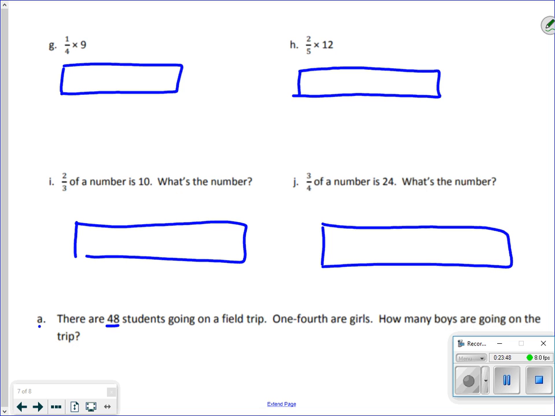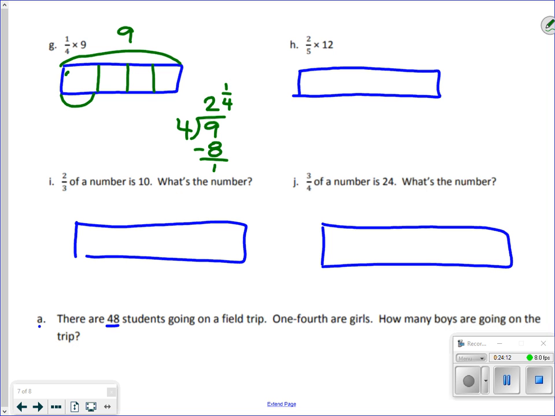So the first one, I'm splitting it into 4 sections. Whole number 9. And I want to know what is 1/4 of 9. So 9 divided by 4. 4 goes into 9 2 times. 2 times 4 is 8, with 1 left over. So 2 1/4.